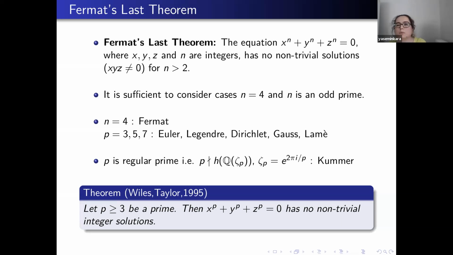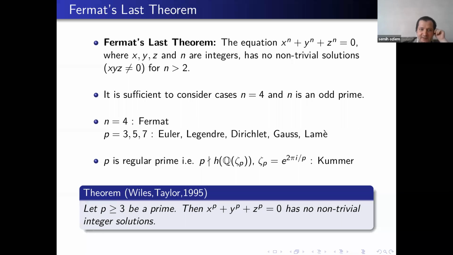I don't remember now, but does it matter for the solution? Well, if we're looking at integers, yeah. Okay. Is that okay, Semih? Yeah, it was just a remark. Remark. Okay, thank you.